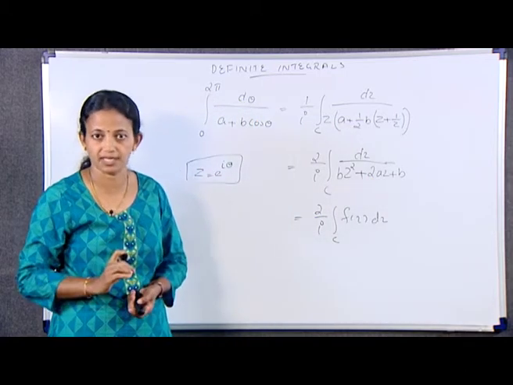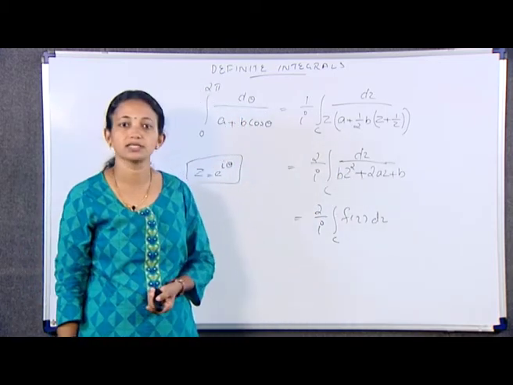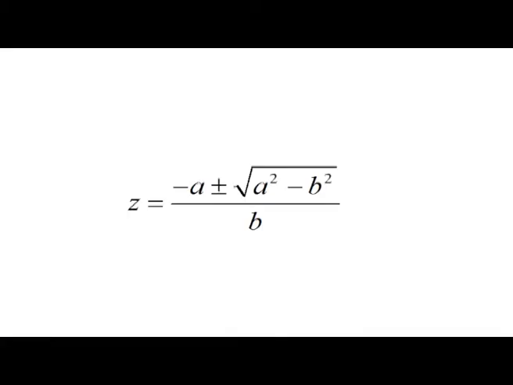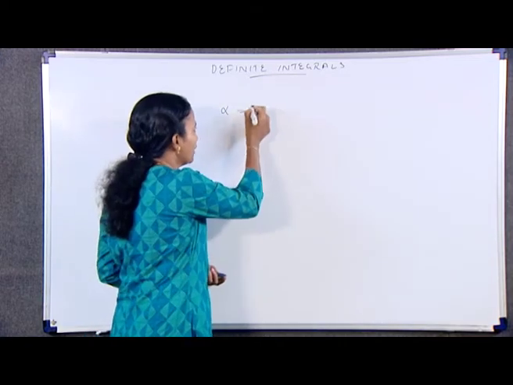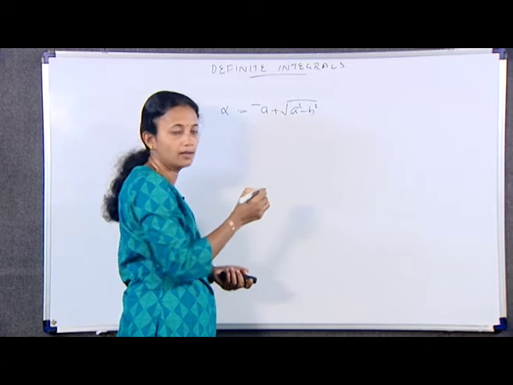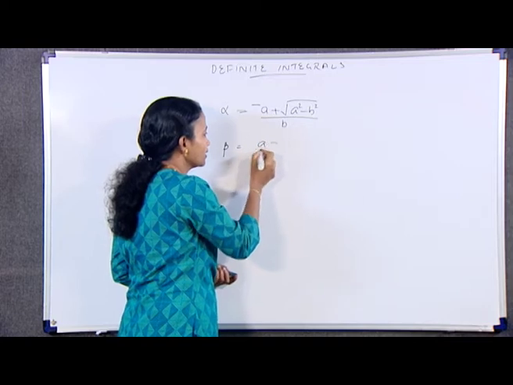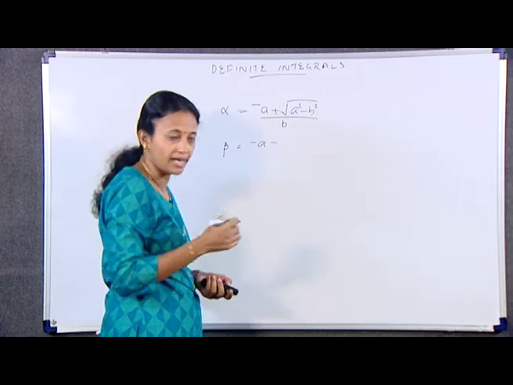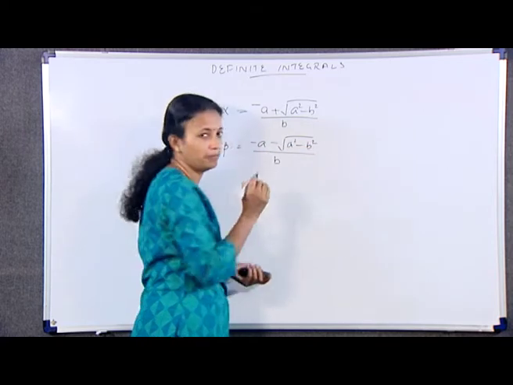Now, the poles of this f(z) are given by solving bz² + 2az + b = 0, which yields z = (-a ± √(a² - b²))/b. Take α = (-a + √(a² - b²))/b, and β = (-a - √(a² - b²))/b.